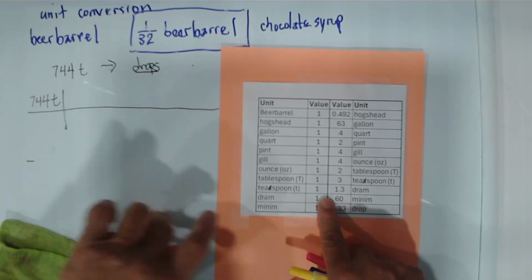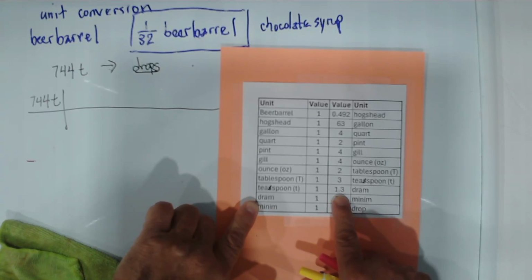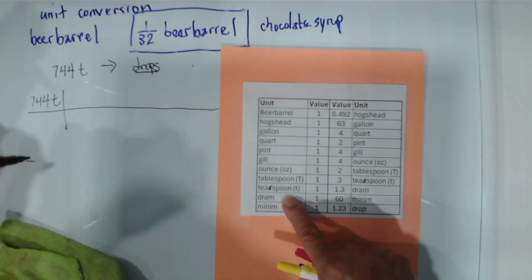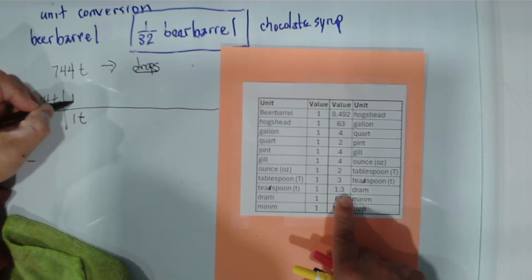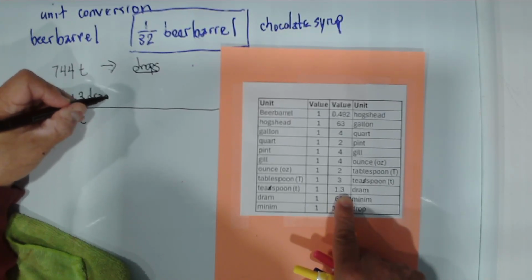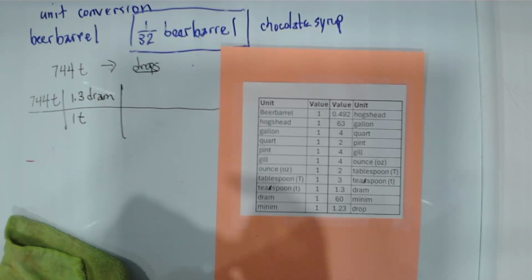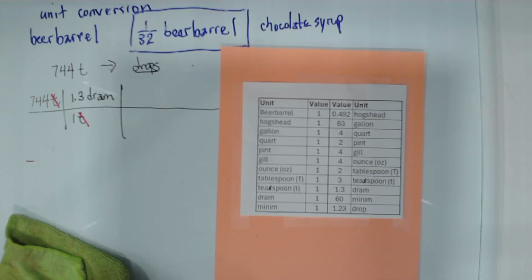So if 1 teaspoon is 1.3 grams, let's see what we end up with, okay? We want to cancel out teaspoon, so I'm going to put 1 teaspoon at the bottom and 1.3 gram on top. Okay, let's see what happens. Well, we got our teaspoons to cancel out. Now we have grams.